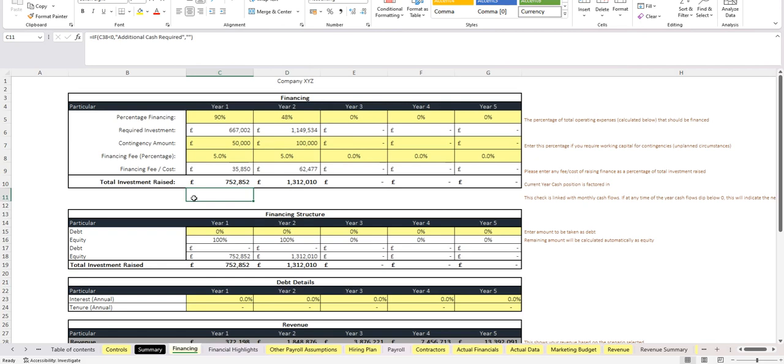What a lot of startups do, and other companies, not just startups, instead of allowing the model to calculate how much funding you need based on your inputs, they hand code: I need $2 million, I need $5 million, I need $1 million, okay?